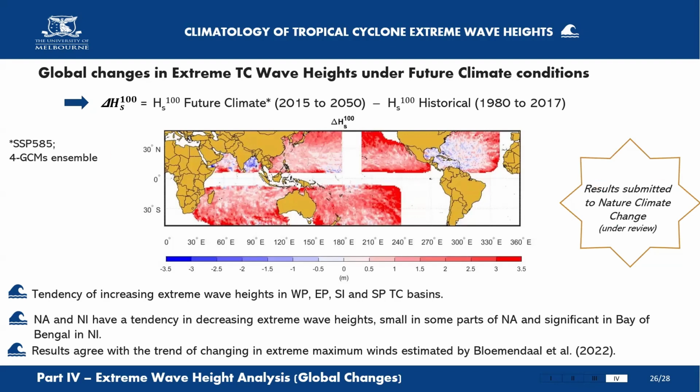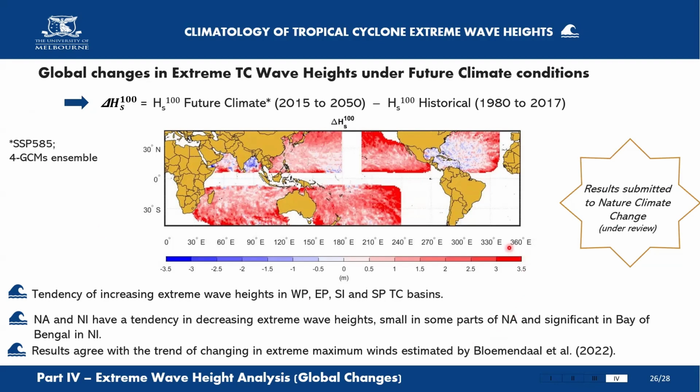Here we have the global changes in extreme wave heights under future climate conditions. To calculate these global changes, we just took the difference between the HGS 100 estimated for future climate and for historical data for each grid point.